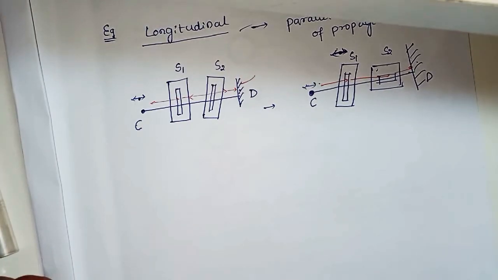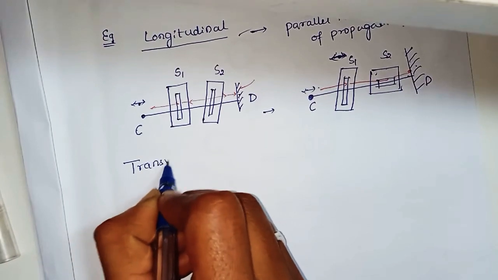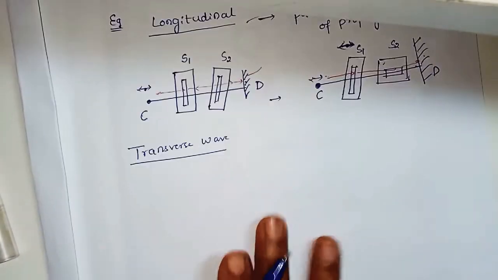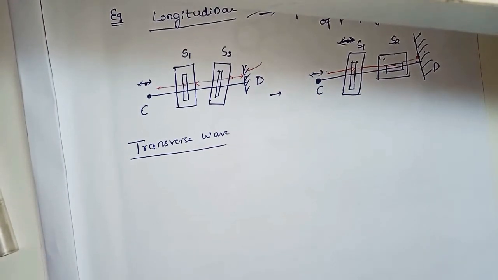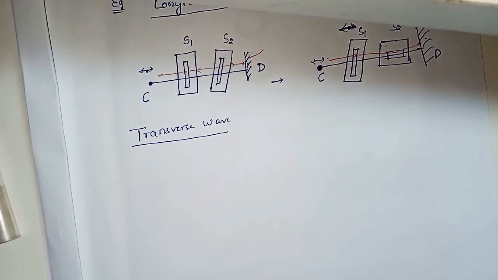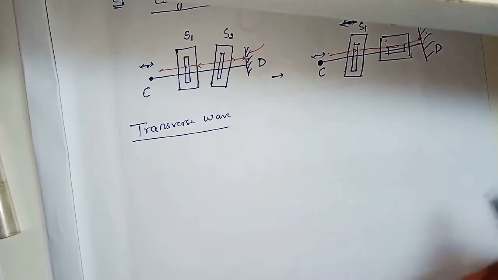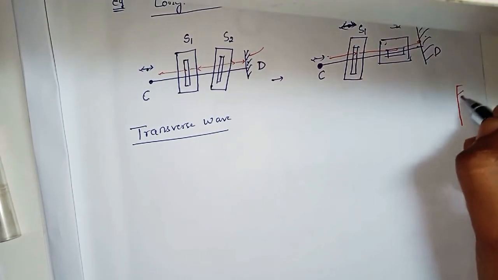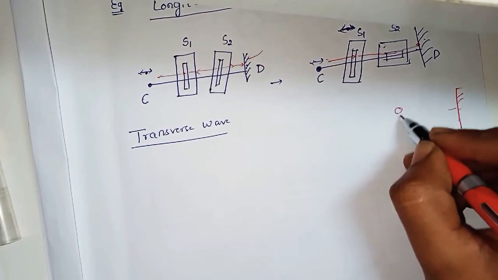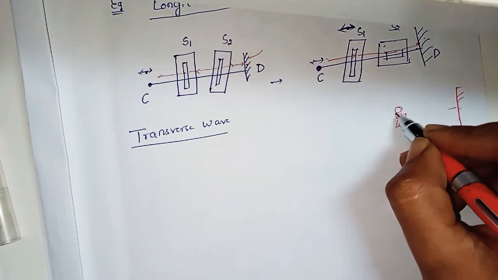Let's consider the transverse wave. Before going to know about the transverse wave, in our childhood we all played with a rope, a rope which is fixed at one end. Imagine one person standing here, holding the rope.